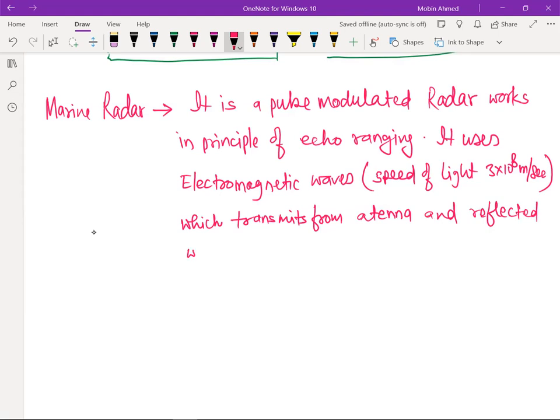The reflected wave is the same electromagnetic wave, which comes back from the target or object. This object is also known as a target.